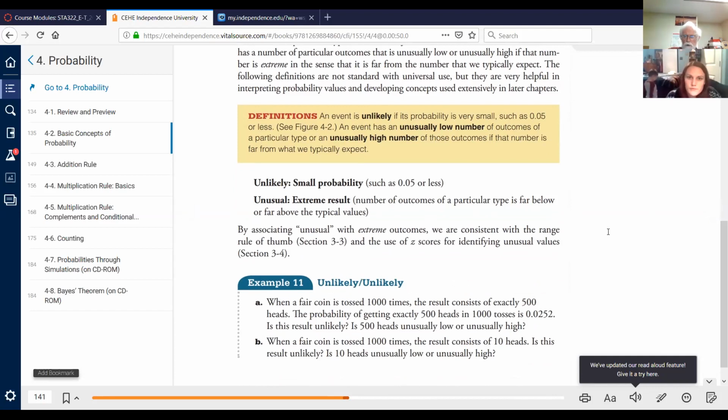If we roll a die several times and we get the same value 3 or 4 times in a row, that's very unlikely and an extreme result, something that's far above what we'd expect. Now, if we do enough rolls, say we roll the die 1,200 times, you will get very close to 200 of each value.